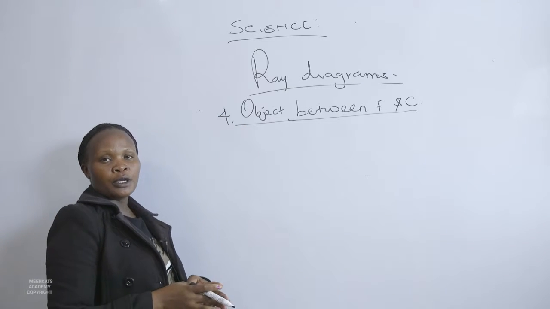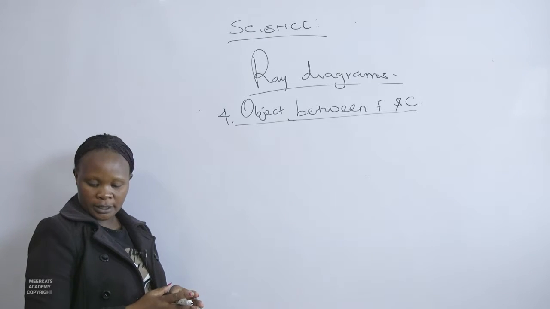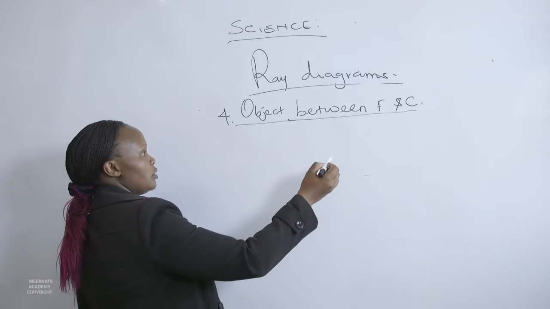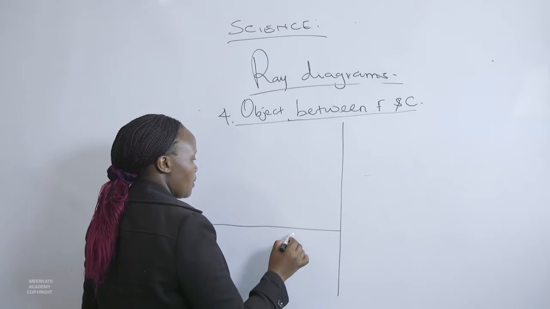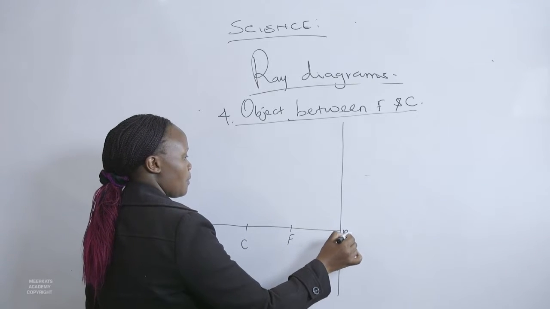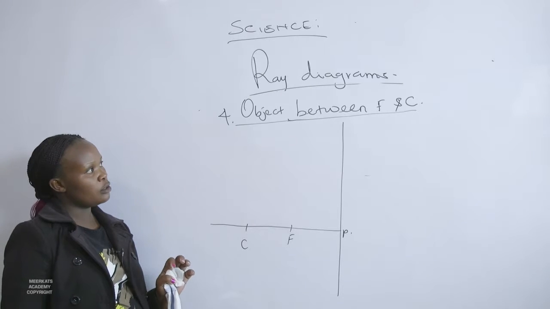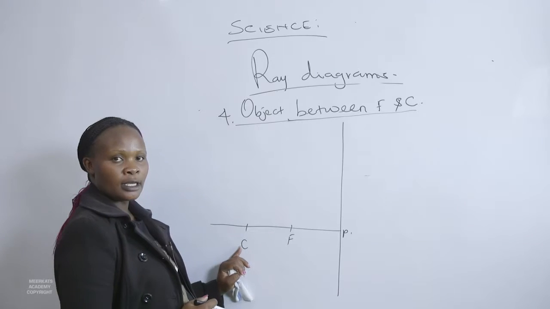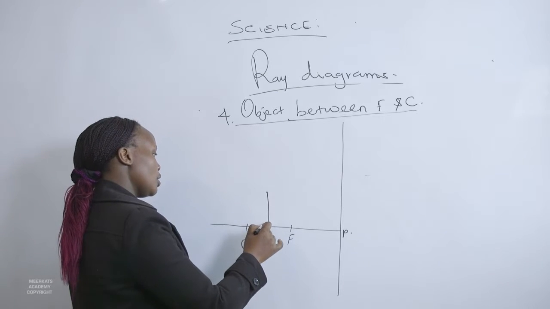Let us look at another one. This time we consider an object which is actually placed between F and C. Find out what we can say about its image. That is an object between F and C. We can place it somewhere here.